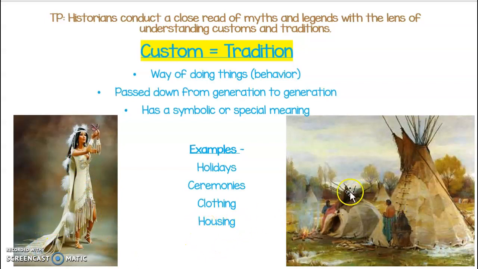In Native American culture, the custom is that they would have something called a steam house, and that is used to cure illnesses and sickness. So that is an example of how housing can fall, and clothing can fall, under a custom or tradition.